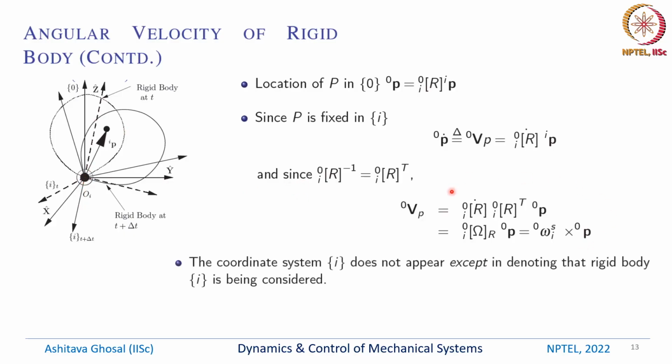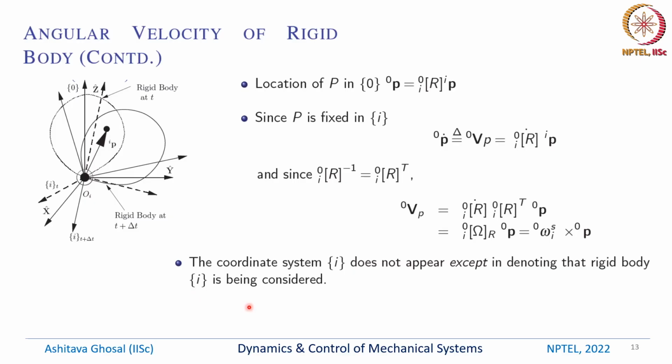If you look at this expression once more, other than the coordinate system I, which denotes that we are interested in the rigid body I, everywhere we have 0 here. This is 0, this is 0. So the coordinate system I does not appear except in denoting the rigid body that we are interested in.